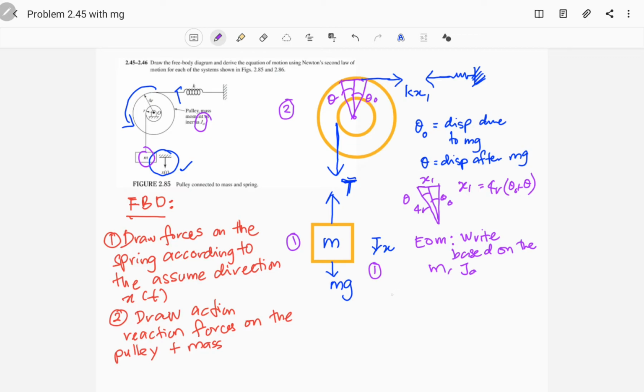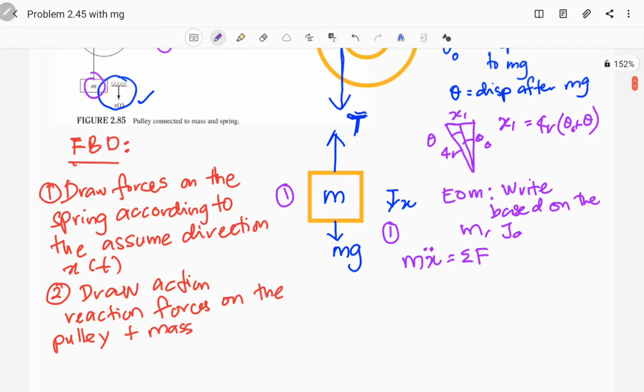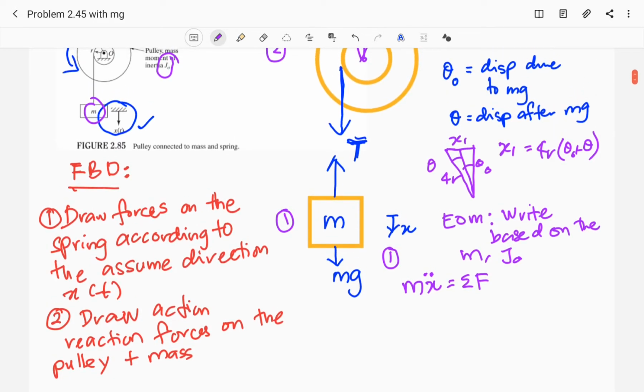The way to write it, you always have a positive. If you want to write for the mass, you write it in terms of positive, m x double dot equals the summation of forces. How do you actually write the summation of forces? You have to get the positive according to the direction of your x. That's why positive is going down.